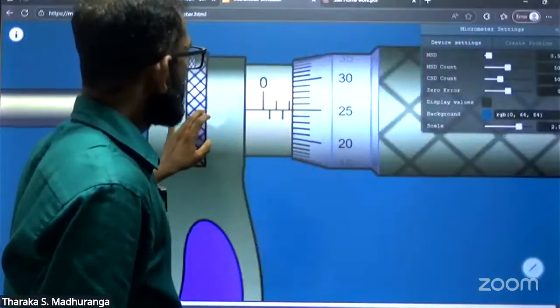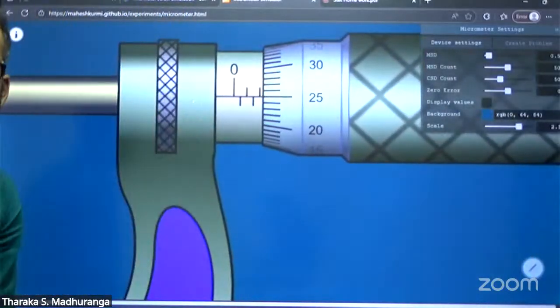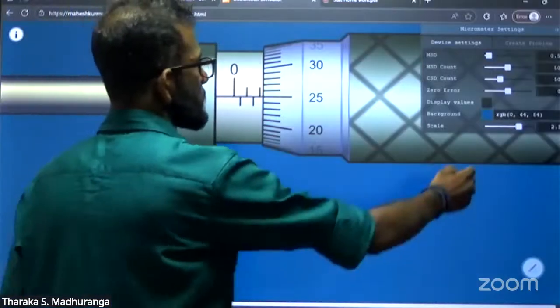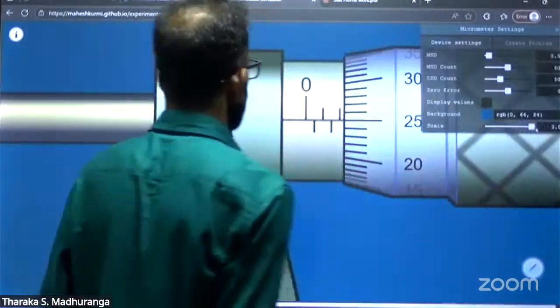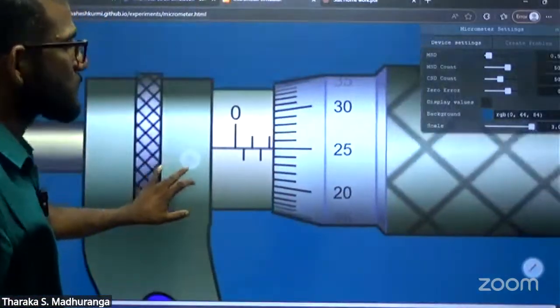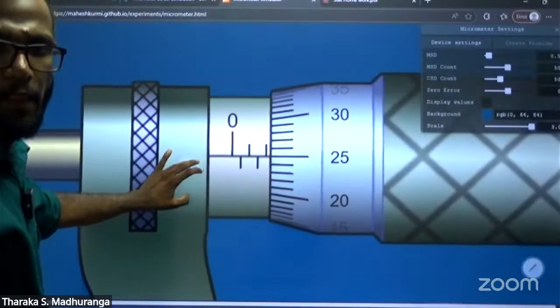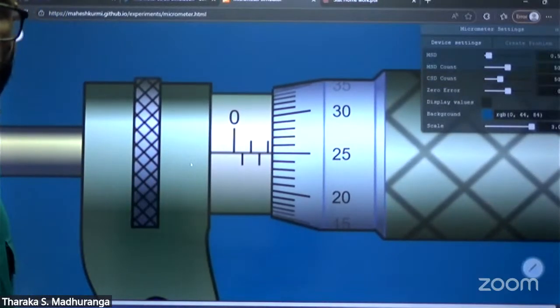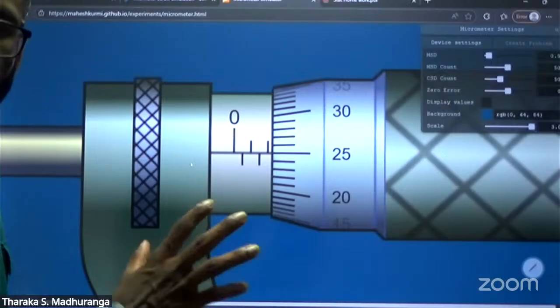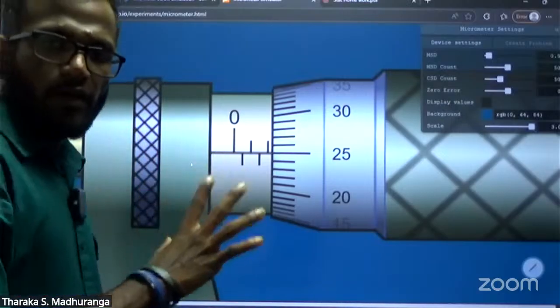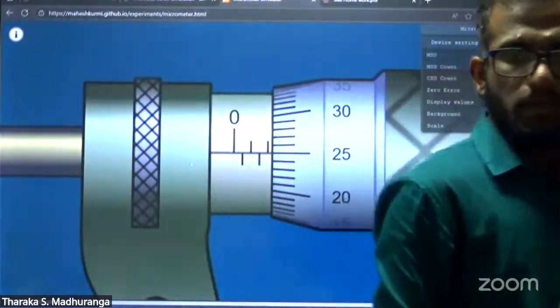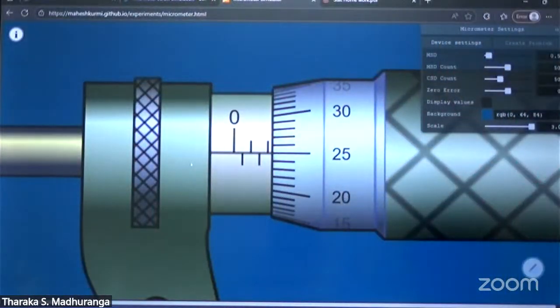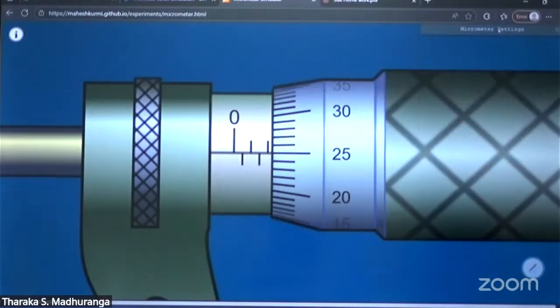Okay. What is the diameter of this? Can you read this? Yeah, now no need for this step. Try to see if you can get the reading just by looking, without any steps. Yes, Vihanga can. Vihanga, good.